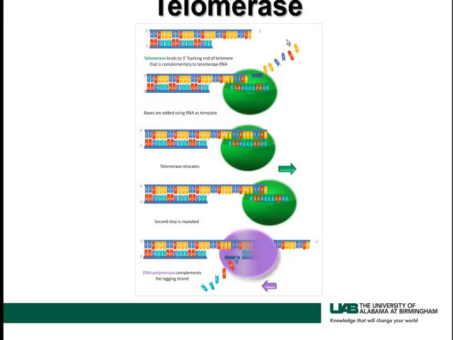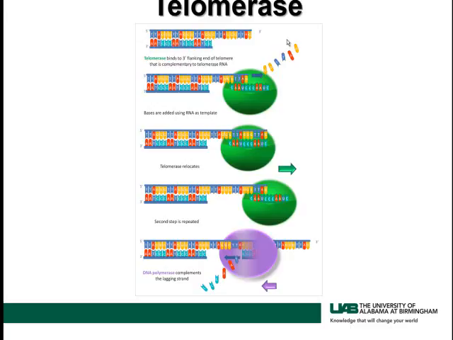But here's a problem. When that is removed, there's not a DNA polymerase in the world that can fill that gap in. Here's the reason why. DNA polymerases that we know of cannot synthesize DNA de novo. They have to have an existing primer, and they have to have that 3' OH to begin to add nucleotides onto it.